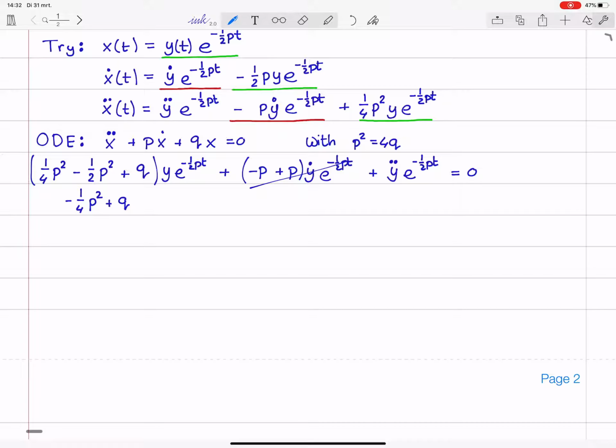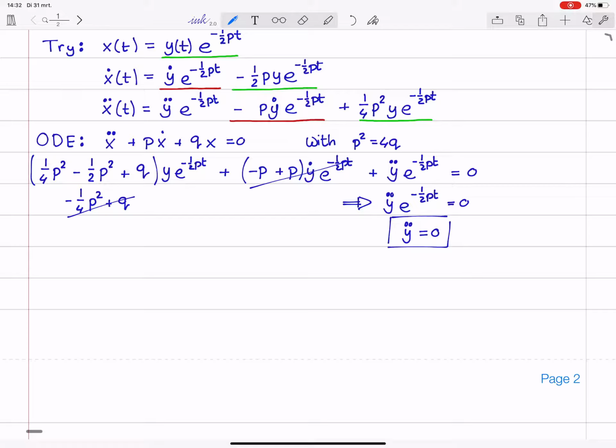Okay, but recall that p squared is equal to 4q. So that means that this term is 0 as well. So this entire equation basically reduces to y double dot e to the power minus a half pt is equal to 0. Well, for finite values of time, the e power is not 0, so this reduces to y double dot is equal to 0.